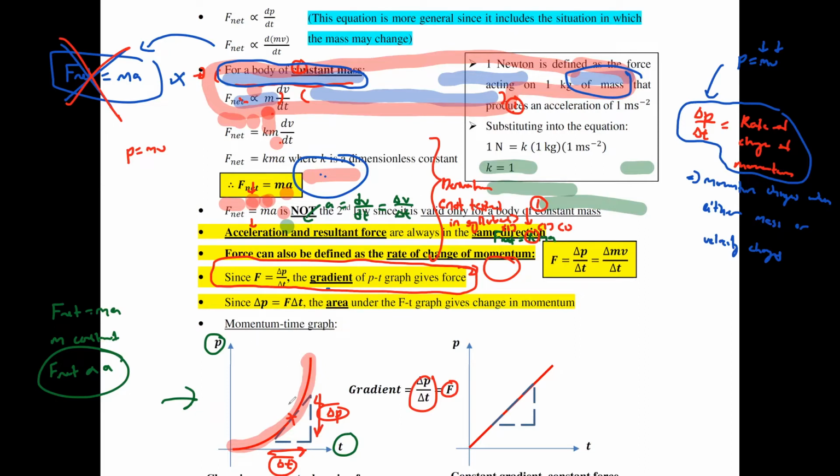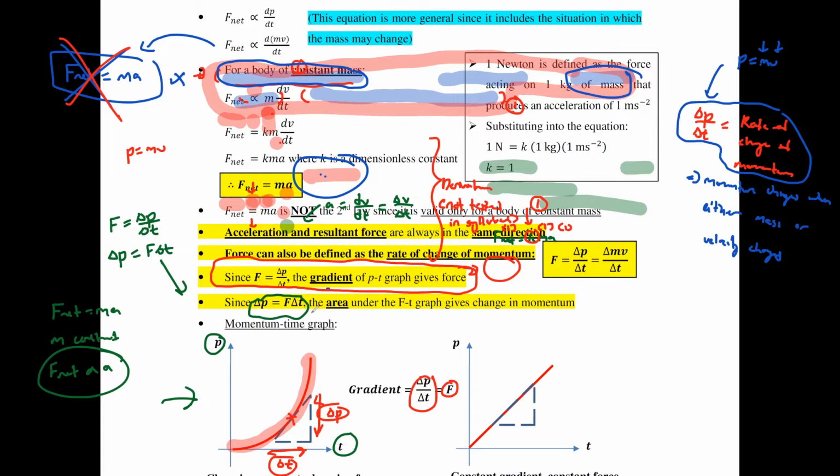You will get questions like this where they give you a momentum-time graph and ask you to choose points on the graph which give you the largest force. You're supposed to know that you need to pick the largest gradient. And similarly, since we define force as rate of change of momentum, change in momentum is just going to be force times time.